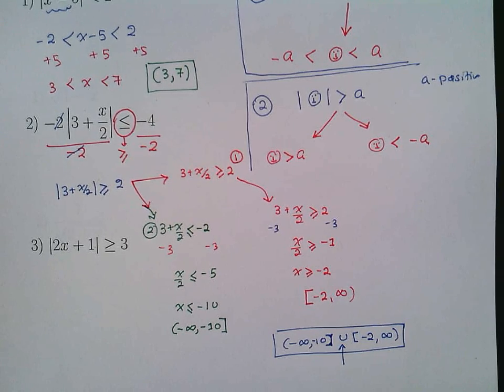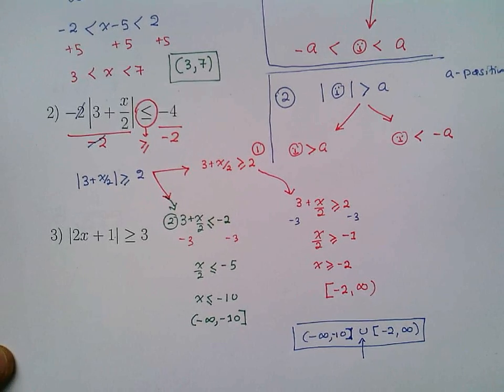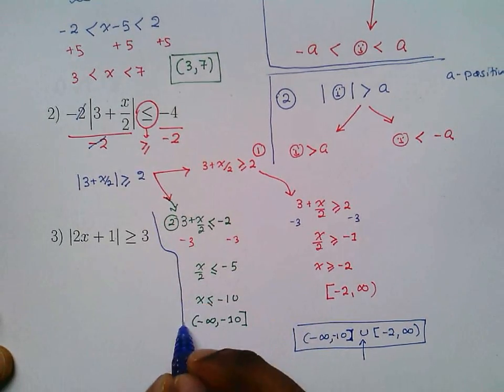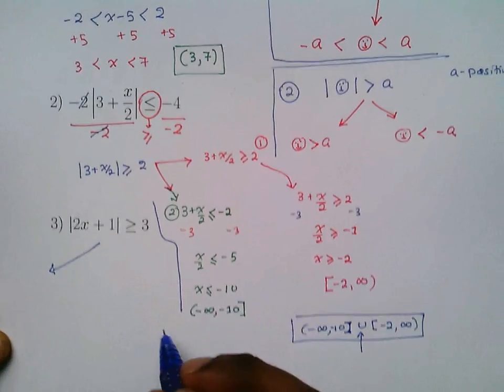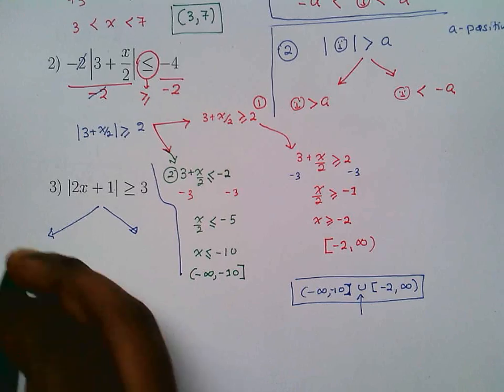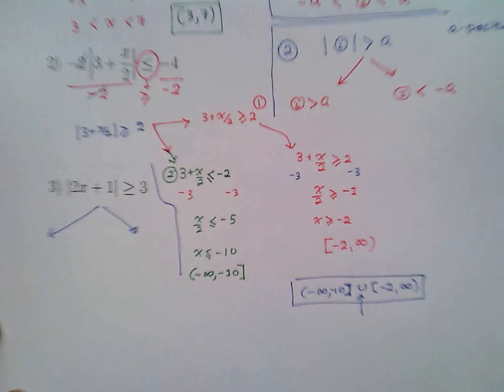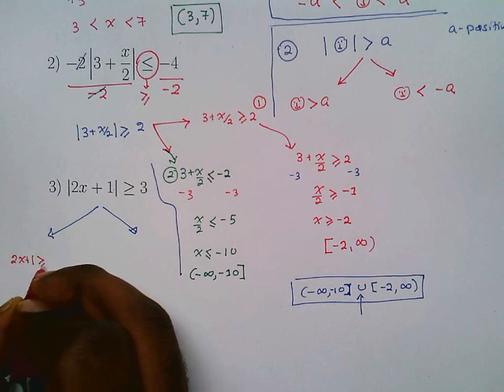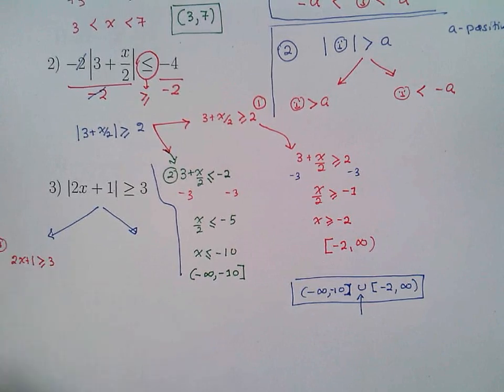Okay, now let's really quickly see how to do number 3. Again, it's absolute value greater than. So again, it splits into 2 separate inequalities. One would be 2x plus 1 greater than or equal to 3. That's inequality number 1.